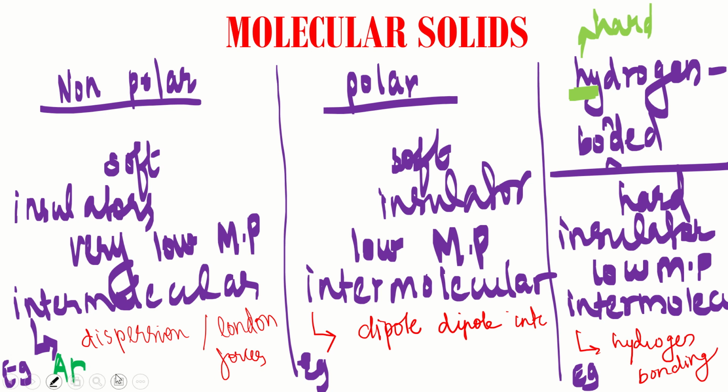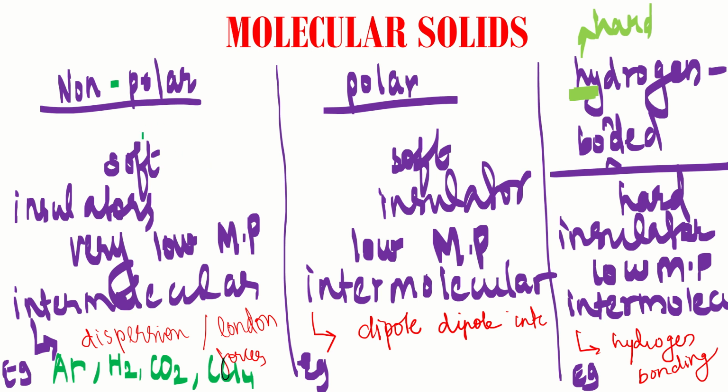Argon, hydrogen, carbon dioxide, then we have CCl4, and these are the examples of non-polar molecular solids.